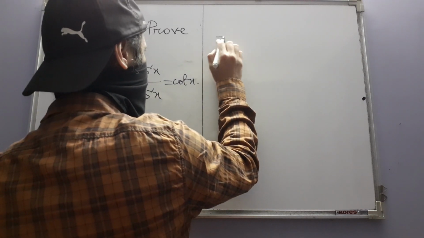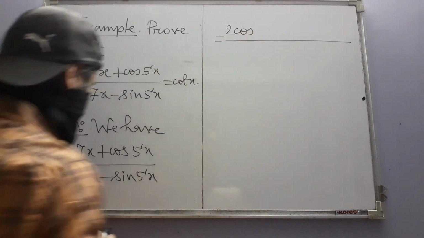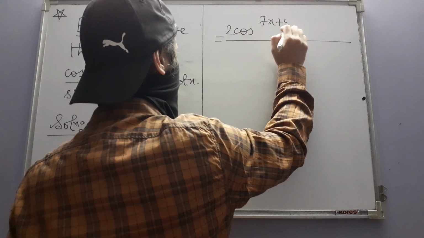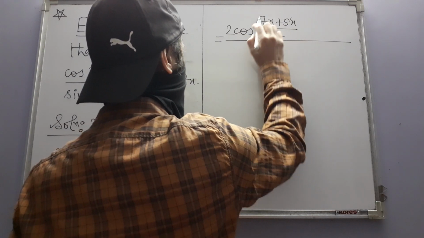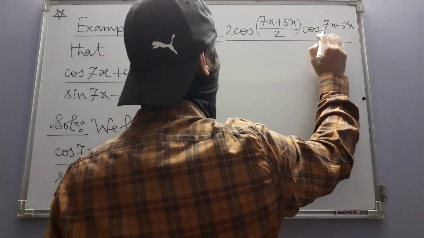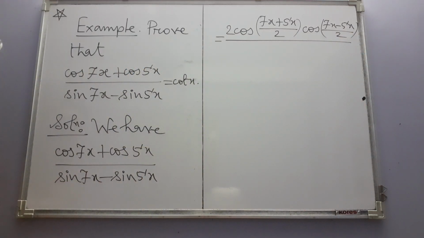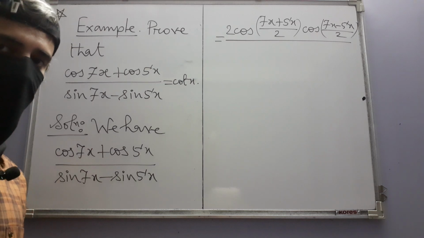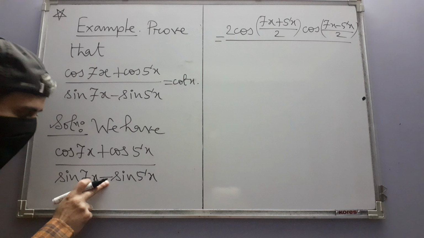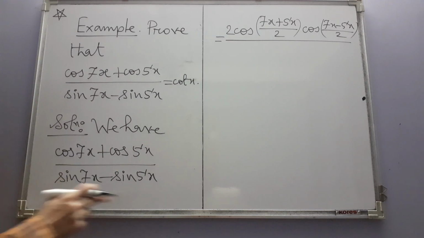So that is why the numerator is going to be this, cos of 7x plus 5x divided by 2, and again cos of 7x minus 5x divided by 2. The denominator, however, involves only sin. So here mixed terms will come, sin and cos. Since there is a negative sign, it is subtraction, so cos and then sin.